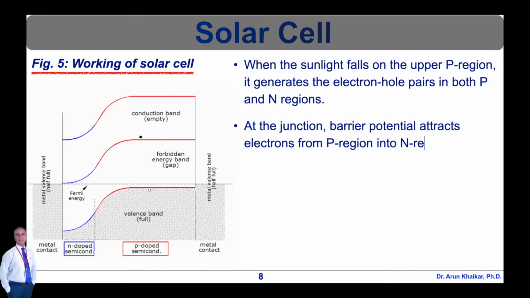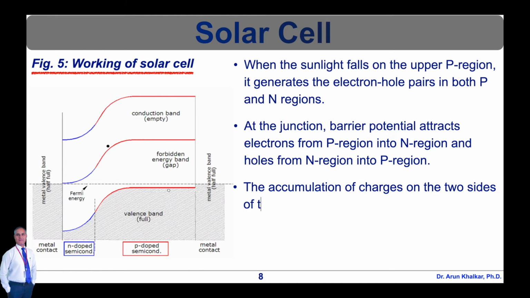At the junction, barrier potential attracts electrons from p region into n region and holes from n region into p region. This leads to an increase in the number of holes on p region and electrons in the n region. The accumulation of charges on the two sides of the junction produces a voltage or EMF known as photo EMF.